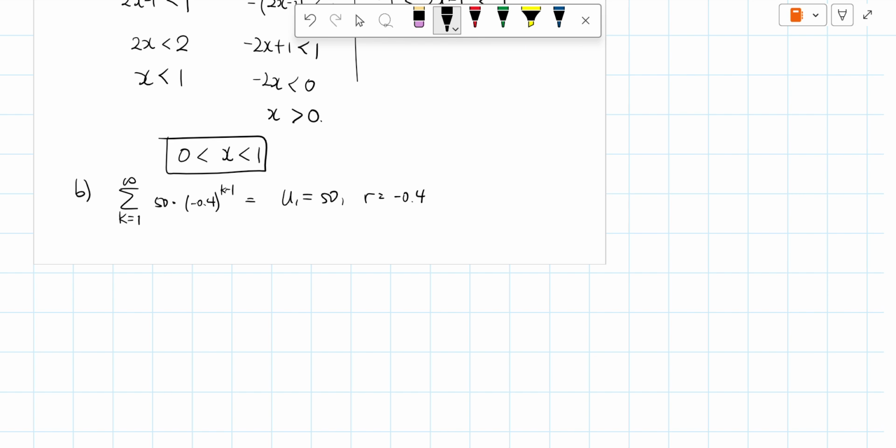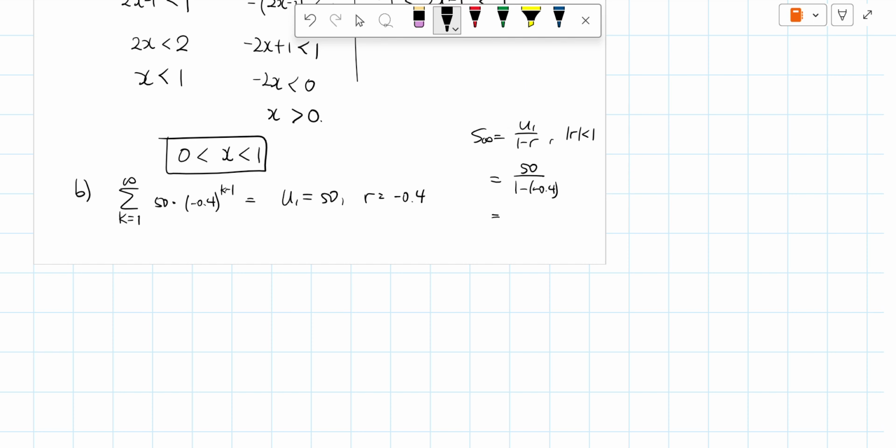Now let's plug into the formula. S infinity is equal to u1 divided by 1 minus r, where the absolute value of the common ratio is less than 1. We can check that the absolute value of r, negative 0.4, is indeed less than 1, so we are allowed to use this formula. u1 is 50, r is negative 0.4. Using my calculator, 50 divided by 1 minus negative 0.4, which is 1 plus 0.4, is 1.4.